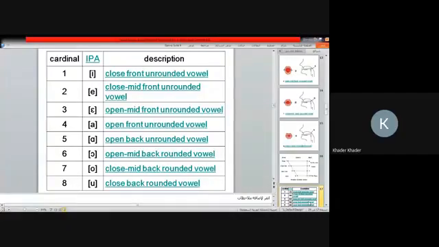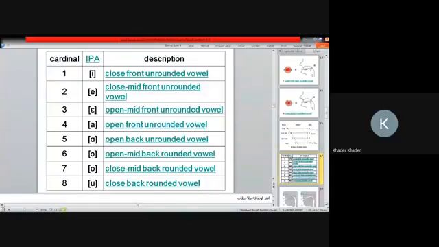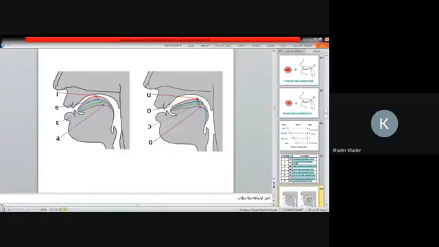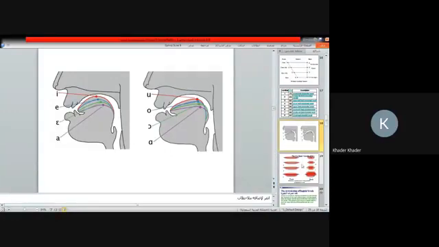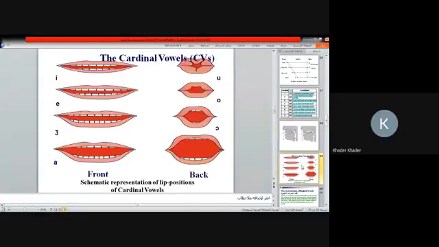Number 5, open, back, unrounded. 6, open-mid, back, rounded. 7, close-mid, back, rounded. 8, close, back, rounded. These are the primary cardinal vowels, and you can look at the figure over here, which indicates them clearly, as I have mentioned. Moreover, look at the cardinal vowel system, which gives a schematic representation of lip positions of cardinal vowels, and it is stated there.